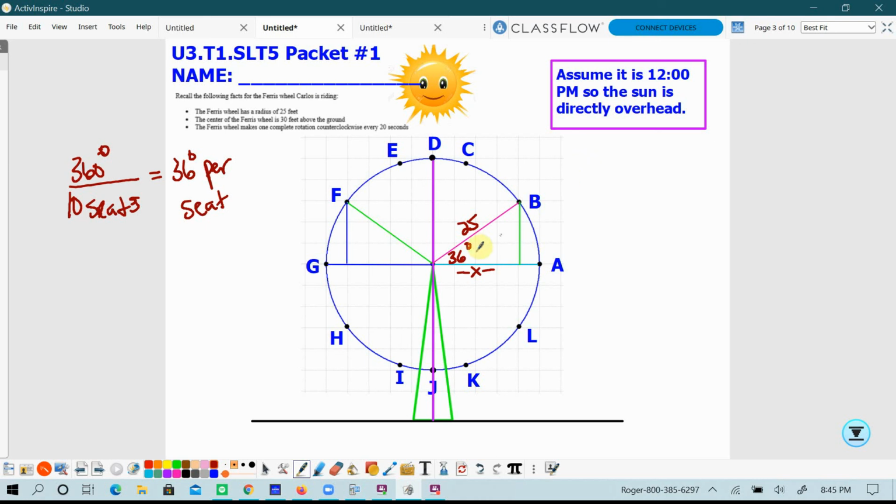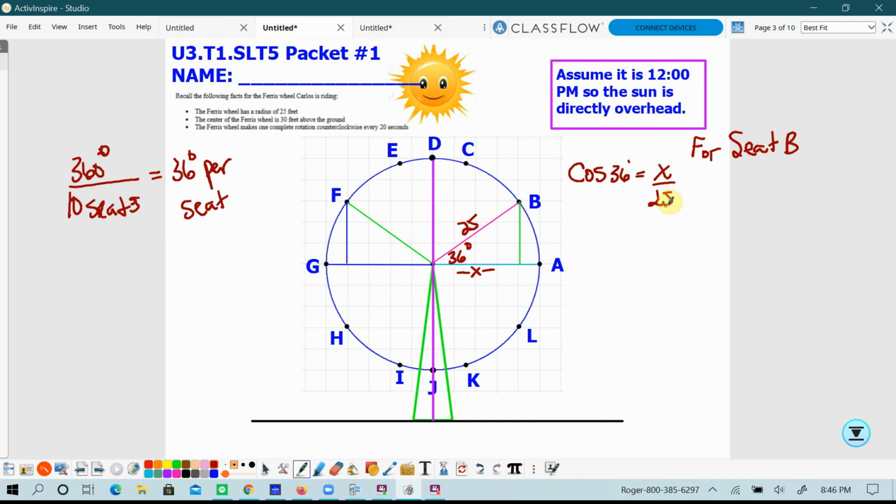Cosine is the ratio that I should go to, because cosine puts adjacent side over hypotenuse. So here's how I would set it up. This is for seat B.